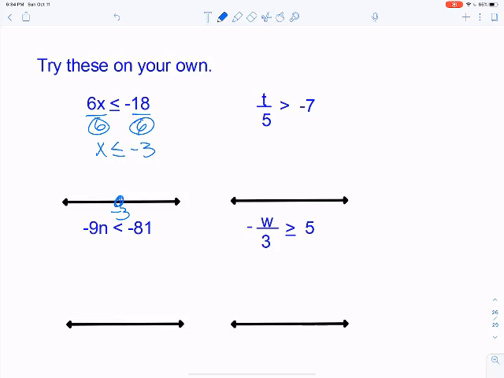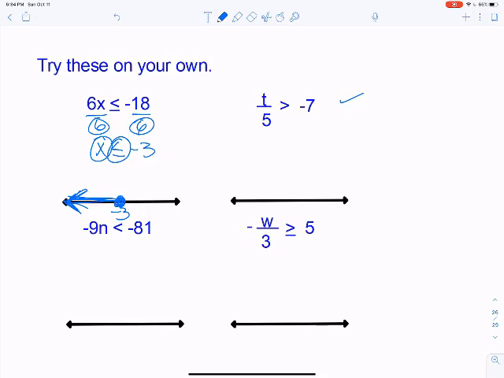I'm going to put a closed circle on negative 3. And this says I need x to be less than or equal to negative 3, which is left of negative 3. And again, what I mentioned in one of the other videos, what I hope you have realized is that if this letter is on the left, this inequality tells you which way to shade. I'm shading that direction.